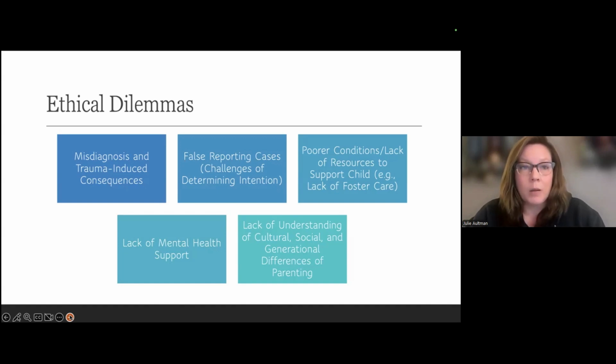We actually have had a couple of cases where false reporting was done purposely to hurt the other parent or other guardian so that they would not be able to have access to their child, through the legal standpoint.